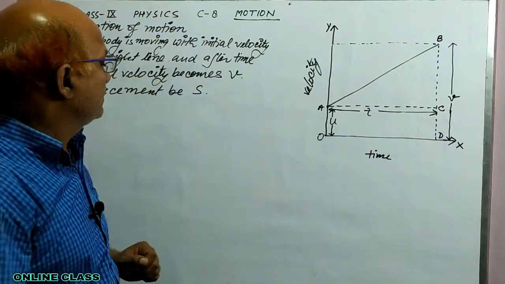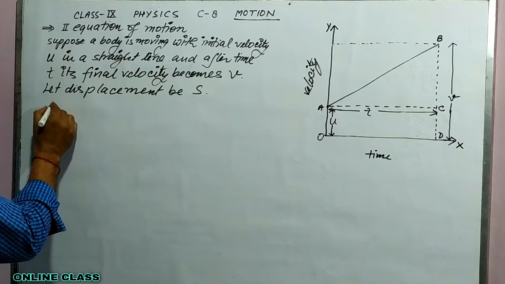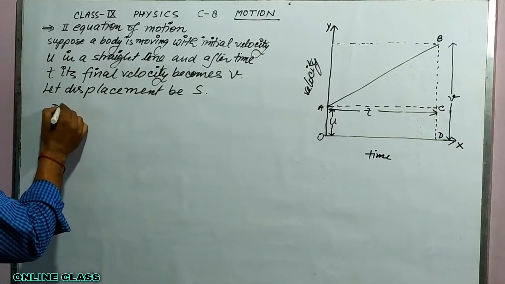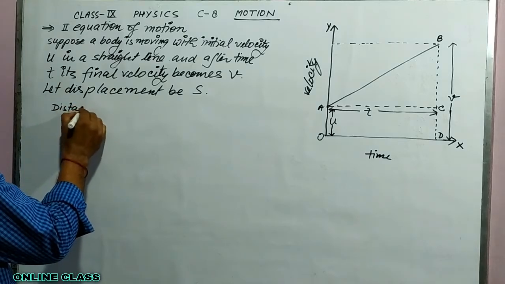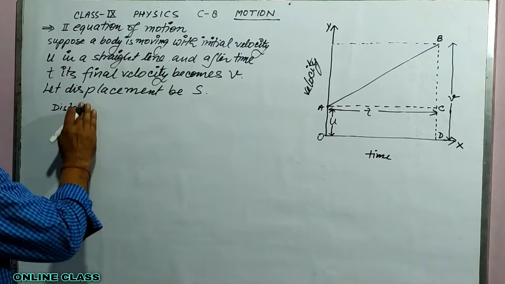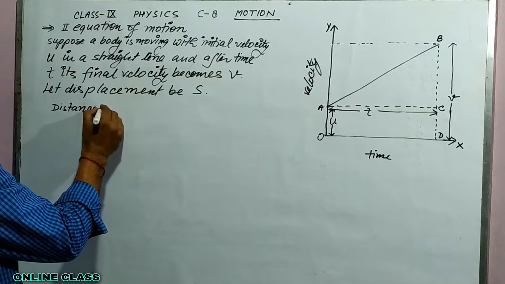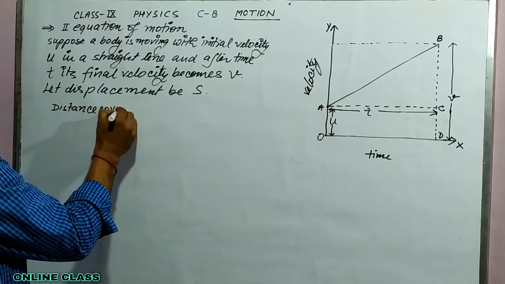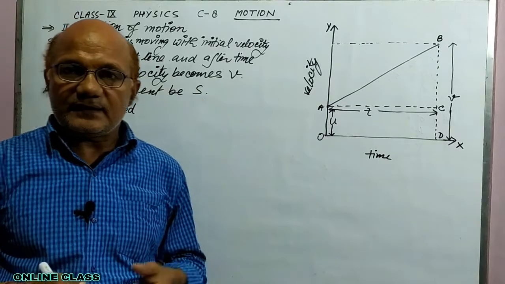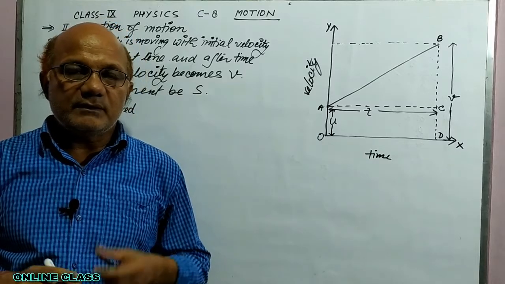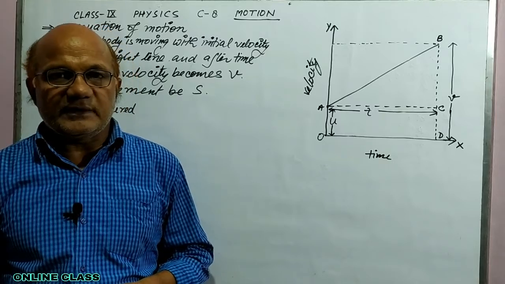So, now you can see distance covered. Actually, the body is moving in a straight line. So, the magnitude of distance covered is the same as the magnitude of displacement.